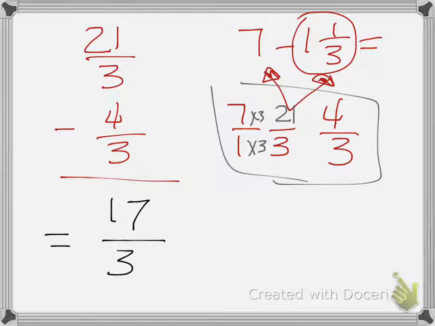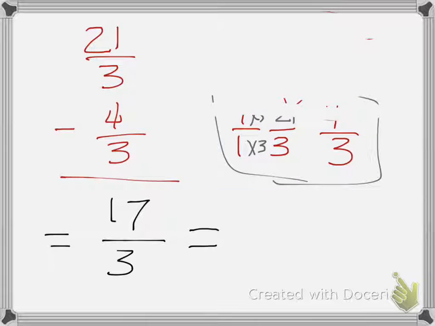But some people prefer not to borrow, and so they will change all their fractions to improper. In almost all cases, you will end up with the top number that is higher to subtract. But, as in multiplication and division, you also end up with improper fractions, and they have to come out of that. You don't want to leave your answer as an improper fraction.